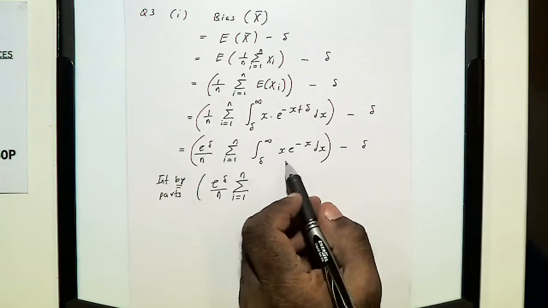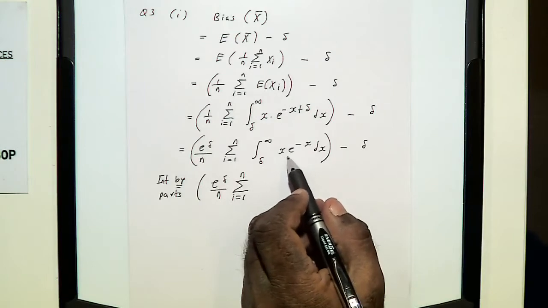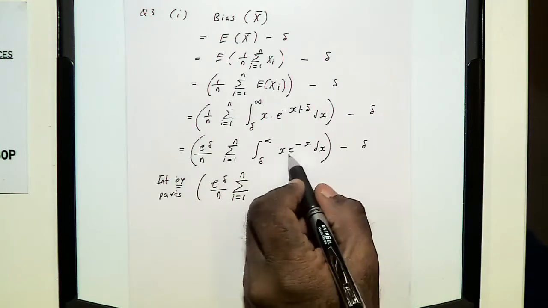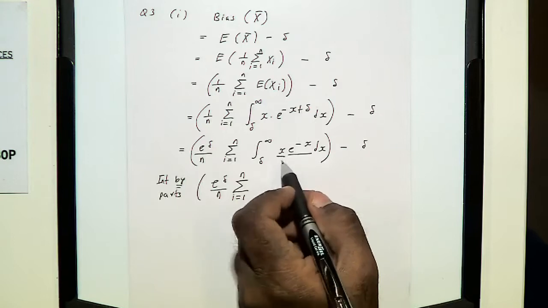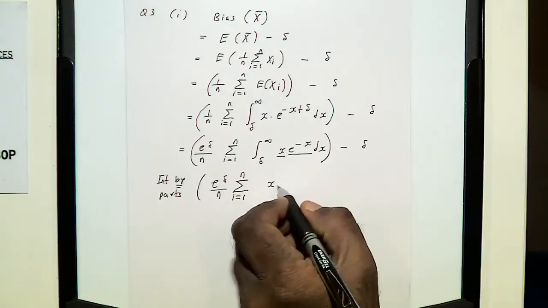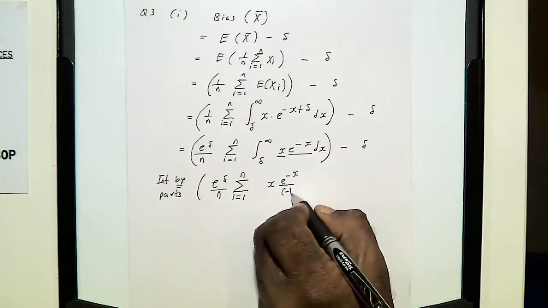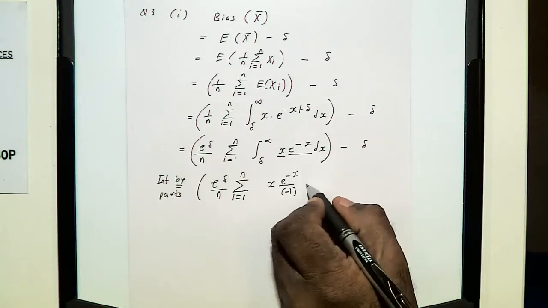All right. So you need to select this term. Well, the wise thing to do is to select this term for differentiation and this for integration. So use this for integration, use this for differentiation, right? So you get this, and then minus minus.